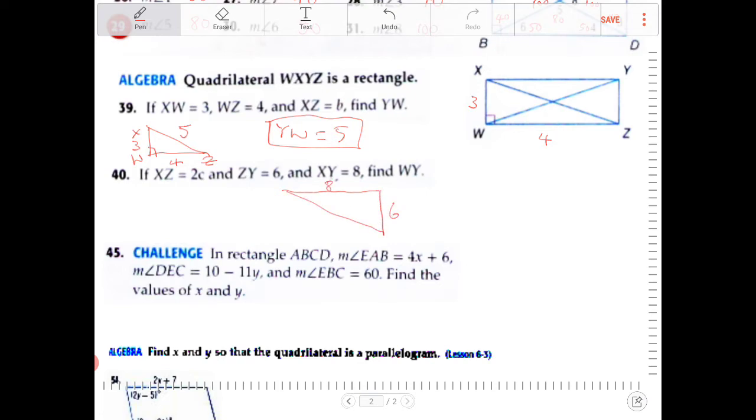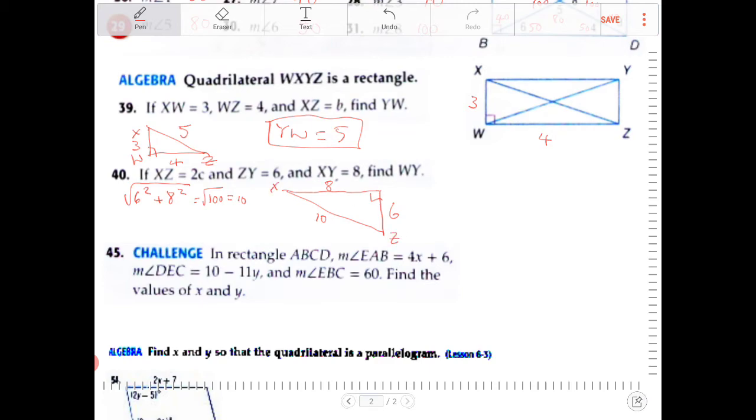XY is 8. This is, again, a 3, 4, 5 triangle, right? And if you don't recognize it as a 3, 4, 5 triangle, you can always do 6 squared plus 8 squared and then square root that. You get 100, which is 10, right? So this is 10. And since that's 10, this is also XZ, right?